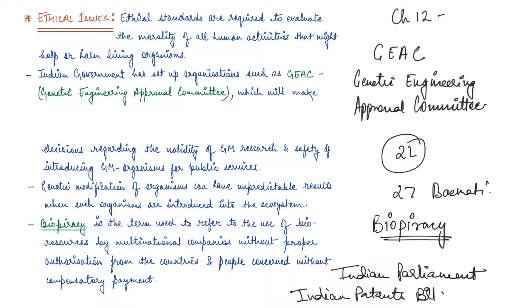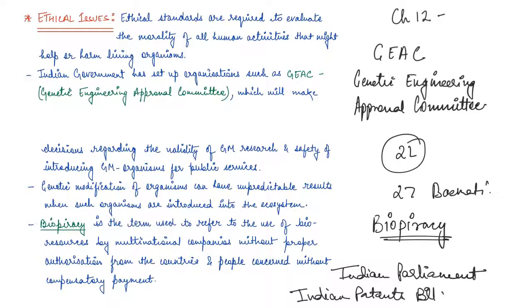And this amendment takes into consideration all such issues, which includes patent terms, emergency provisions, research and development initiatives, and if there is any kind of piracy, biopiracy being done by any multinational companies or any other organization or any country in specific.